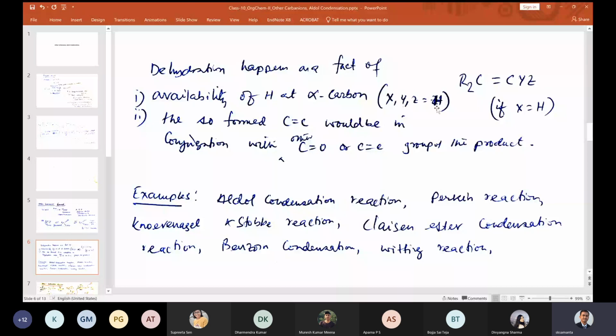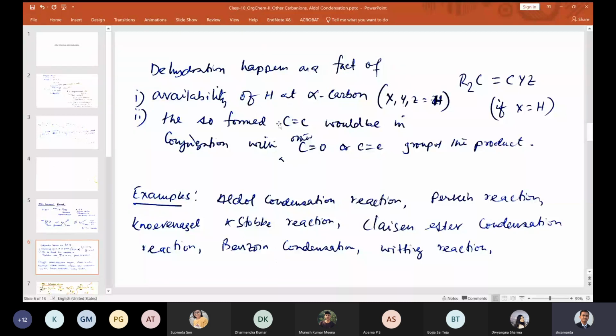The second point is that dehydration can happen to form the C double bond C when this C double bond C would be in conjugation with other conjugated species, for example, another carbonyl C double bond O group or C double bond C group.